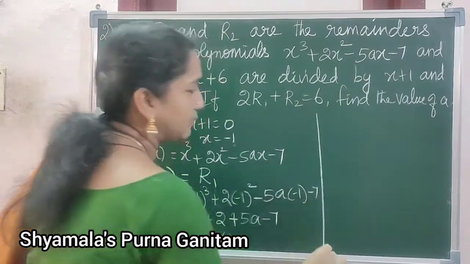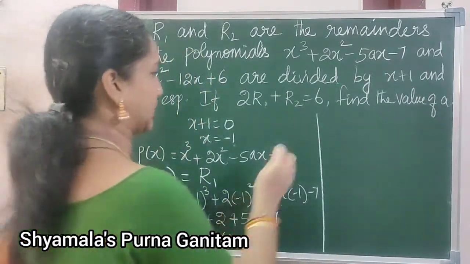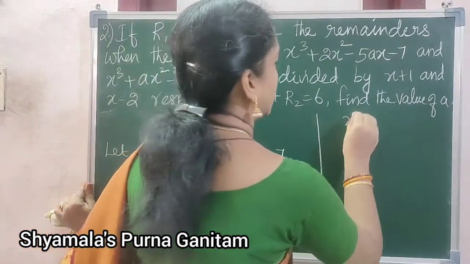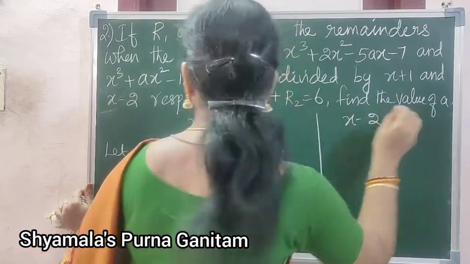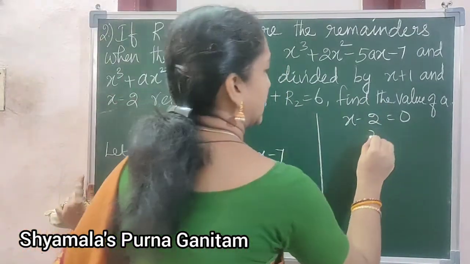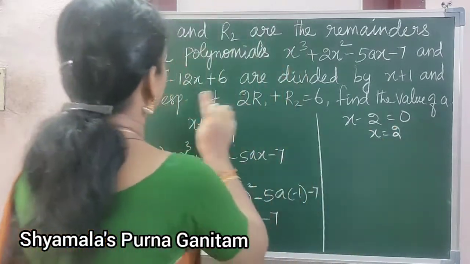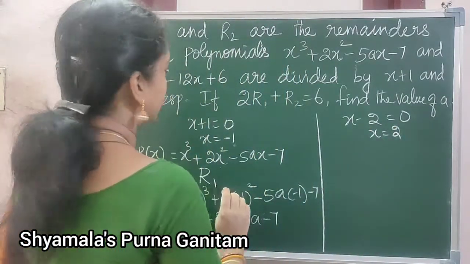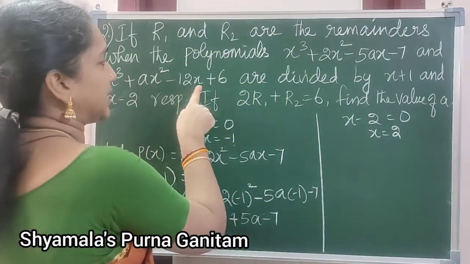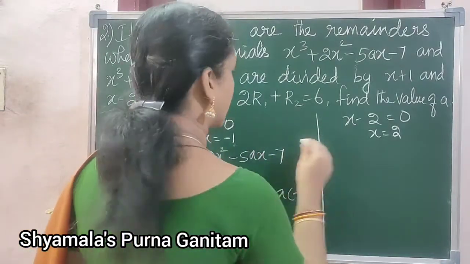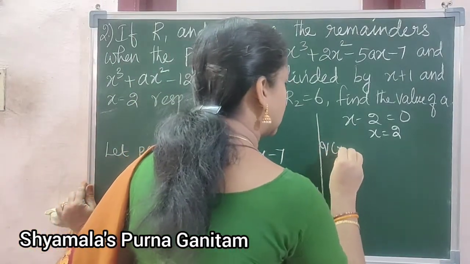Then in the same way you have to do it for R2 also. For the second one, x minus 2 is equal to 0, so x is equal to 2. For that, the polynomial given is x cube plus ax squared minus 12x plus 6. You take that as q of x.